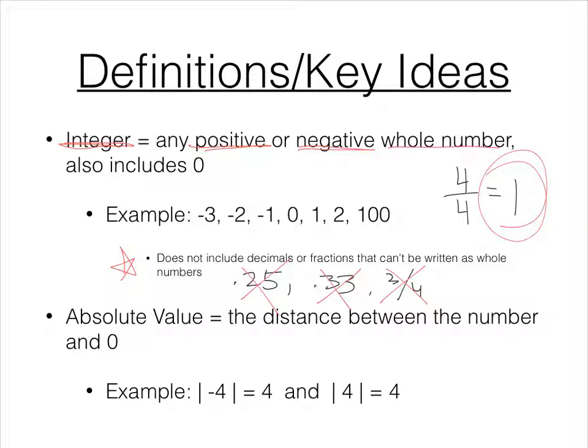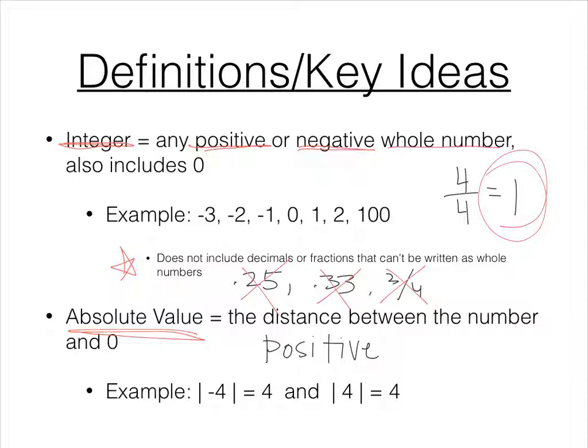That would work. Next key point is absolute value. Absolute value is the distance between the number and 0. It ends up being a positive number. Okay, we can't have a negative distance. It doesn't work.